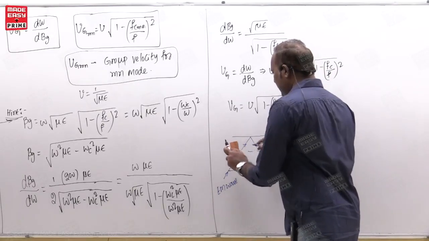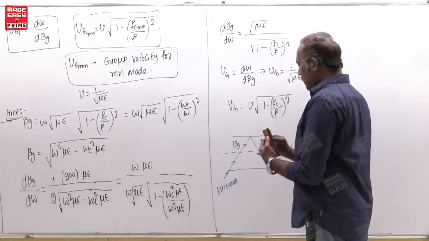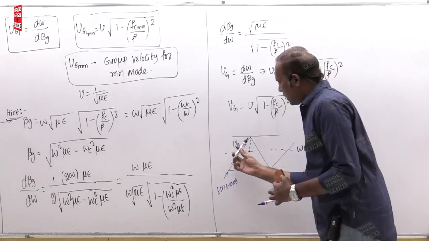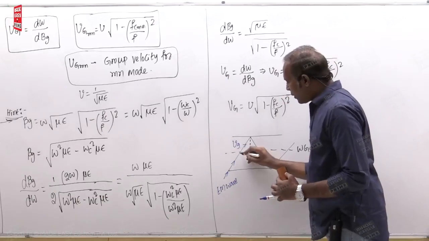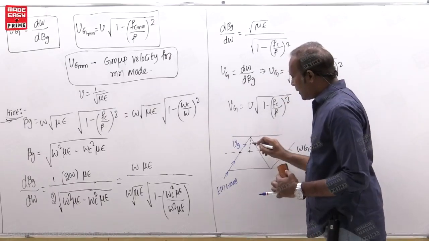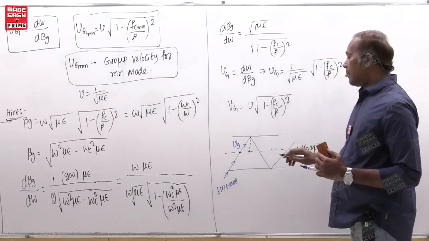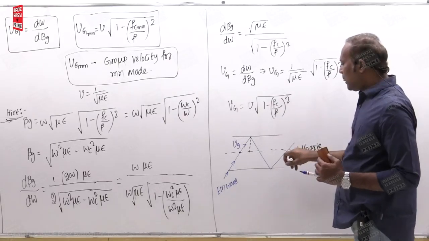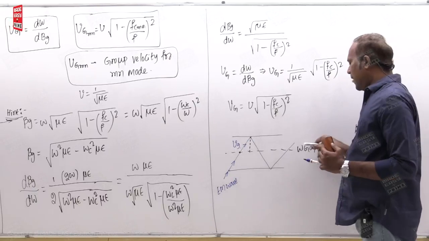That is guide phase velocity. Whenever the EM wave travels for this much distance, you can see, the EM wave traveled from here to here, but in the waveguide axis direction, because ultimately the EM wave may go like this, but the final outcome is to be in the direction of the waveguide axis.